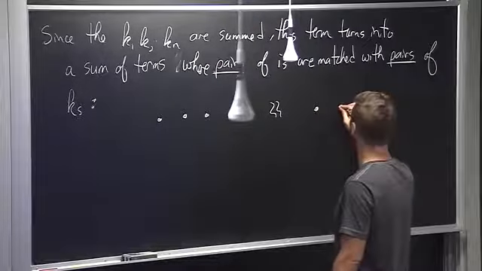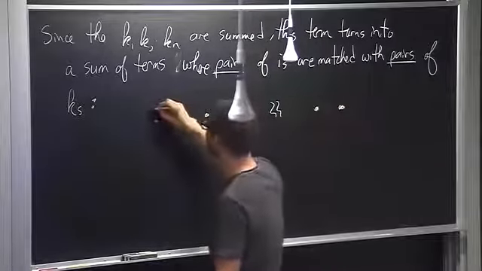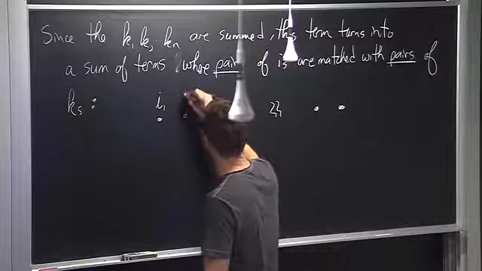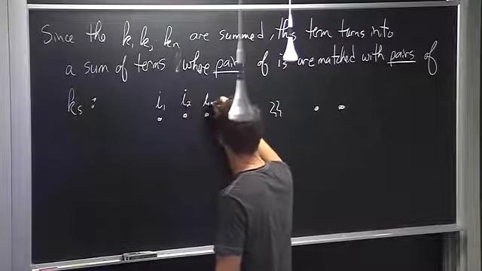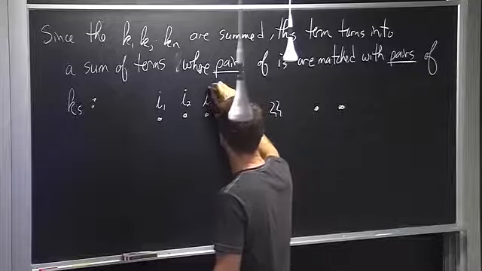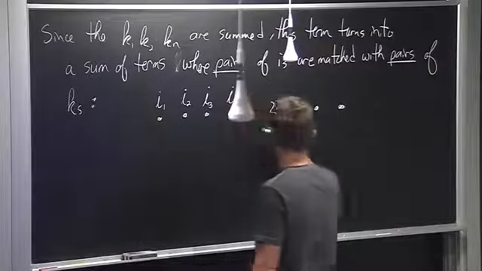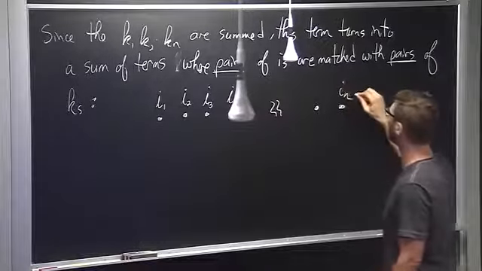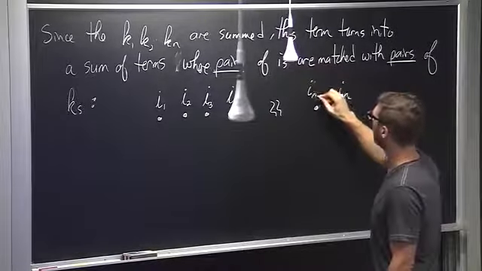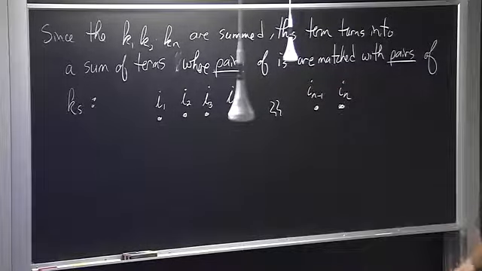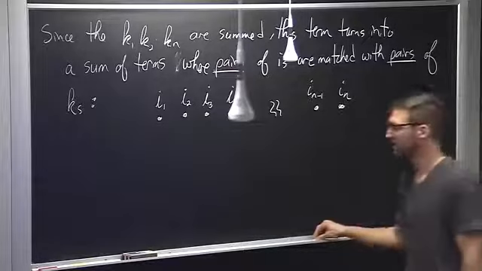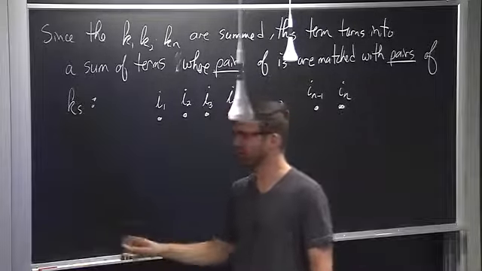I better write an even number here. So let me label those I1, I2, I3. This is n. So this one's n minus 1. And you have to match those.